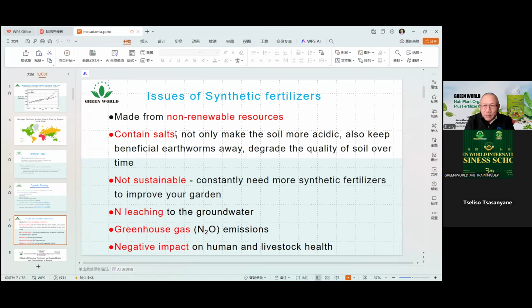Combine them together. Don't depend totally on the top dressing, and don't depend totally on the conventional fertilizer in the soil. Just combine and integrate them, an ecological approach, to make them more effective.